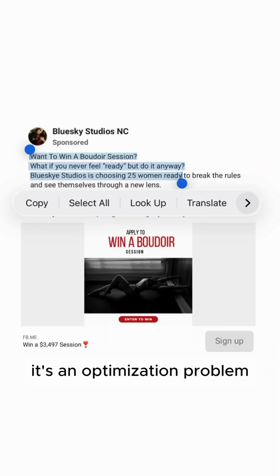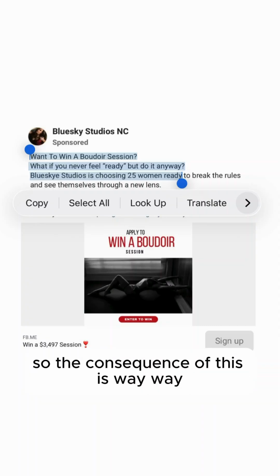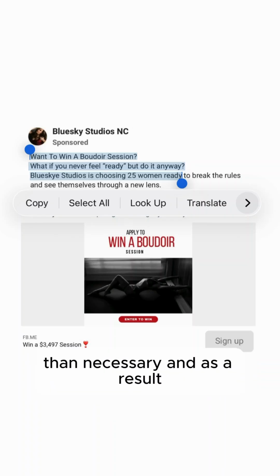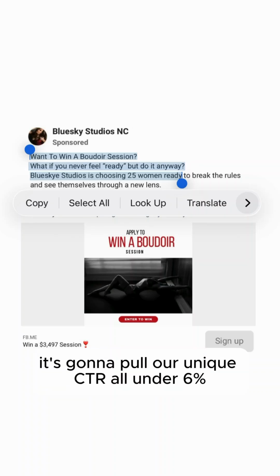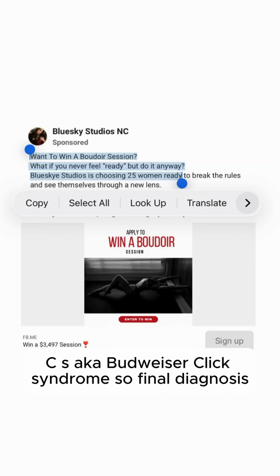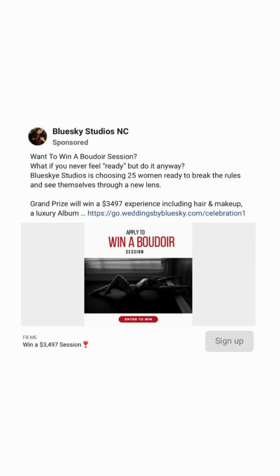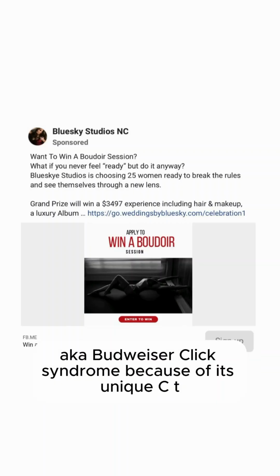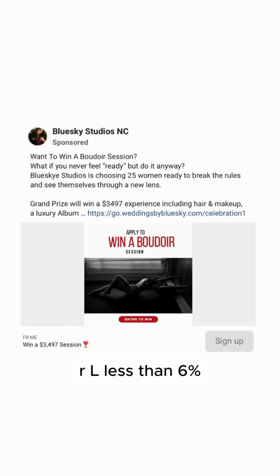It's an optimization problem. So the consequence of this is way more women going to be scrolling by our Boudoir Facebook ad than necessary. And as a result, it's going to pull our unique CTR all under 6% and actually increase the probability that we have BLCS, aka Boudoir low click syndrome. So final diagnosis, yes, I do believe this Boudoir Facebook ad has BLCS, aka Boudoir low click syndrome, because of its unique CTR all less than 6%.